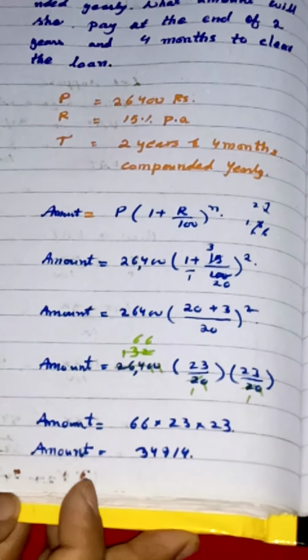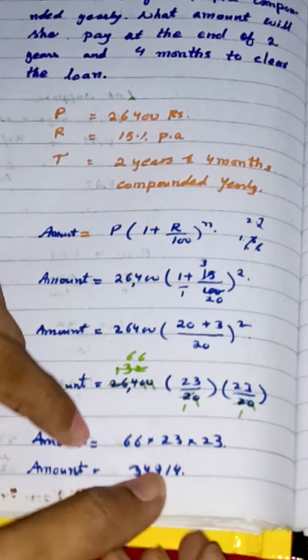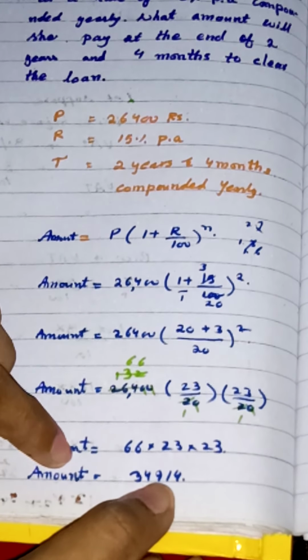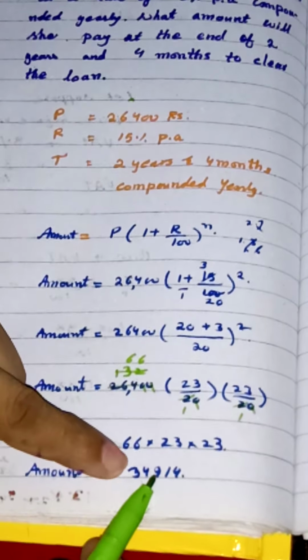You know that 26,400 rupees is the principal, but we cannot take 26,400 rupees, because the remaining 4 months interest is calculated on 34,914 rupees. So this amount is taken as principal.